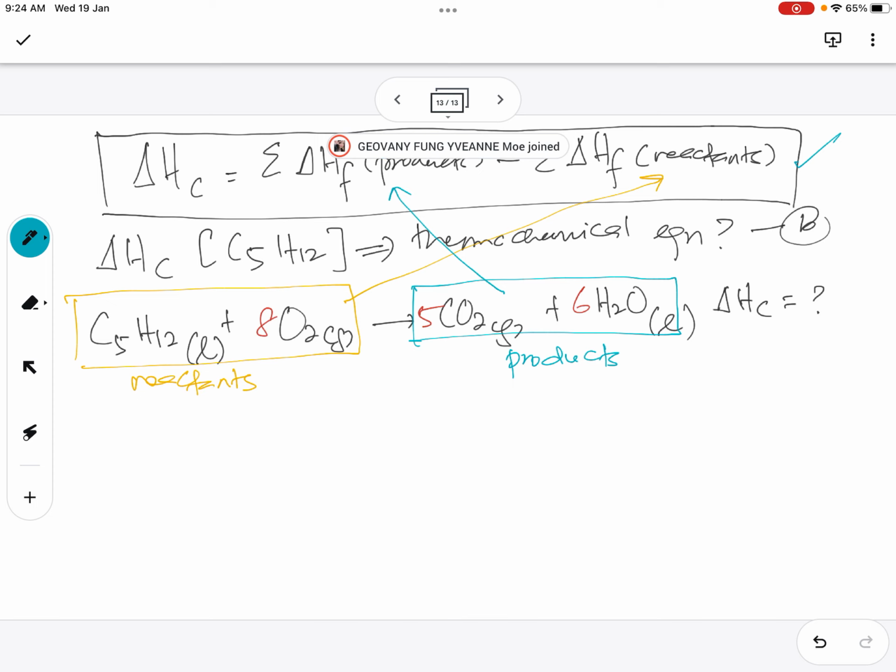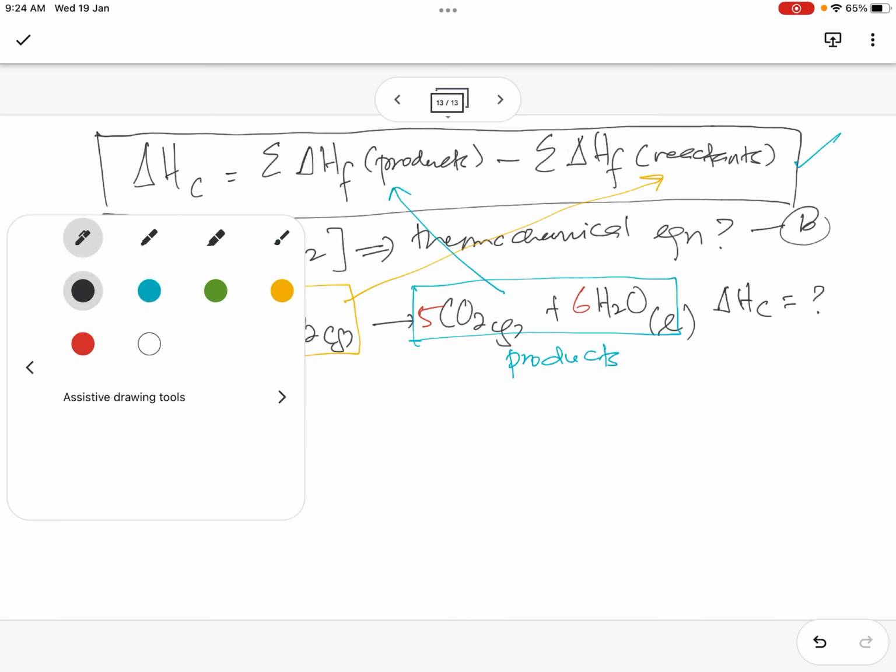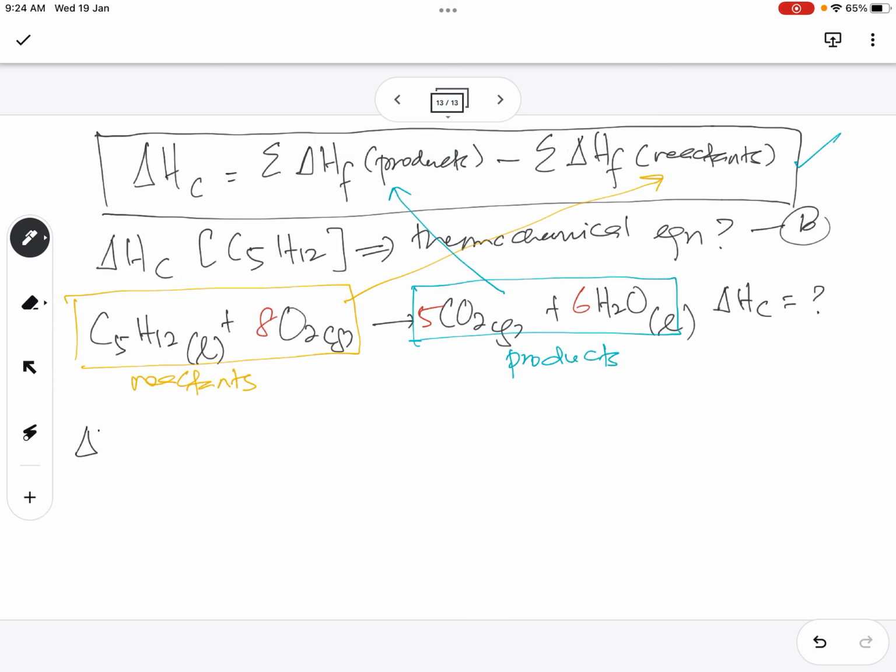Okay. So now we go to the calculation part. So enthalpy of combustion. Okay. Summation of formation of product. So we check our first product is CO2, but we have 5. Kita ada 5 CO2. You can check here, ada 5.